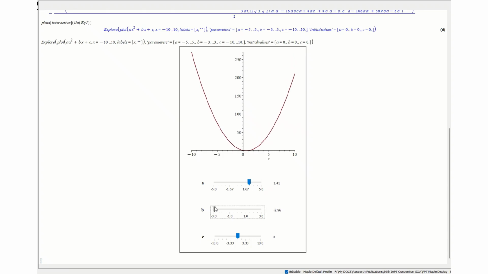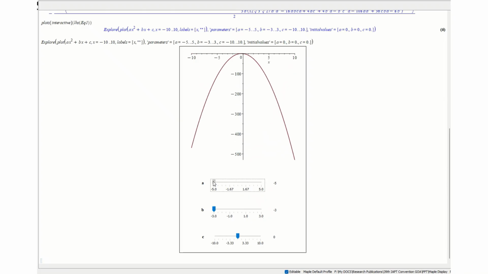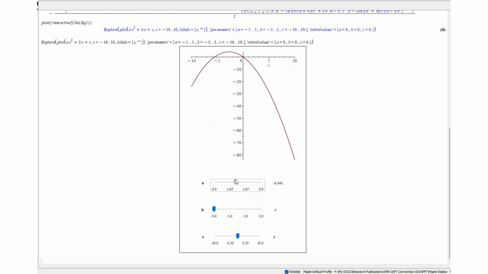B will shift the equation, and depending on the situation, it offers a pair of roots you can locate at these 2 points, and C will be the y-intercept.